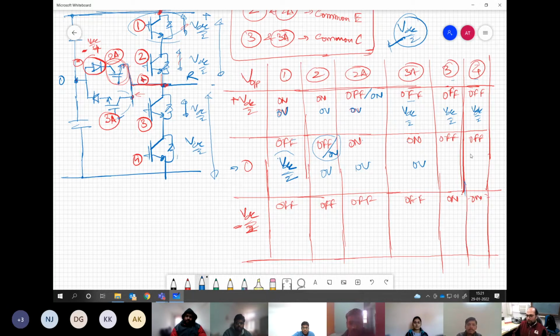Which means what? Even if we turn off this number 4 alone, this can block this voltage. We need not even turn off device number 3. There is no problem in that. If you don't turn off, still 4 can hold this voltage. That is the rating of that.